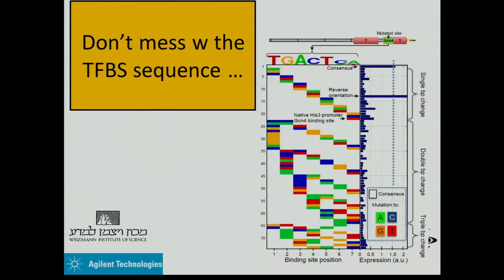Okay, this is it. This is the core binding site. And I'm going to mutate this T to all other 3 possibilities, this G to all other 3 possibilities, etc. Then I'm also going to play with double mutations and some triple mutations. Of course, even tens of thousands are not sufficient to do a lot of these. Okay, so I have to stop somewhere.